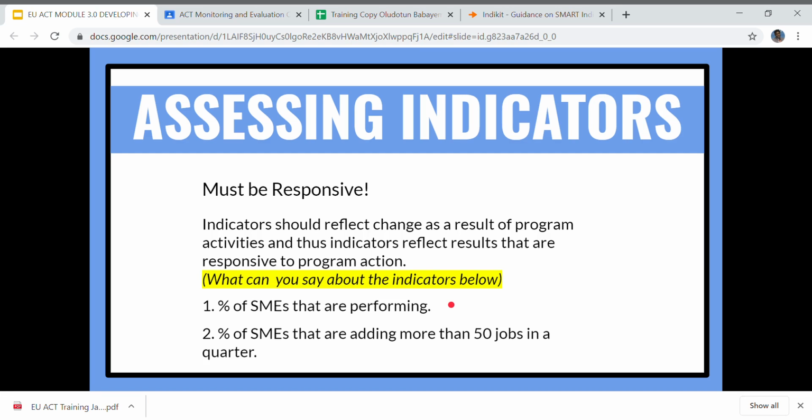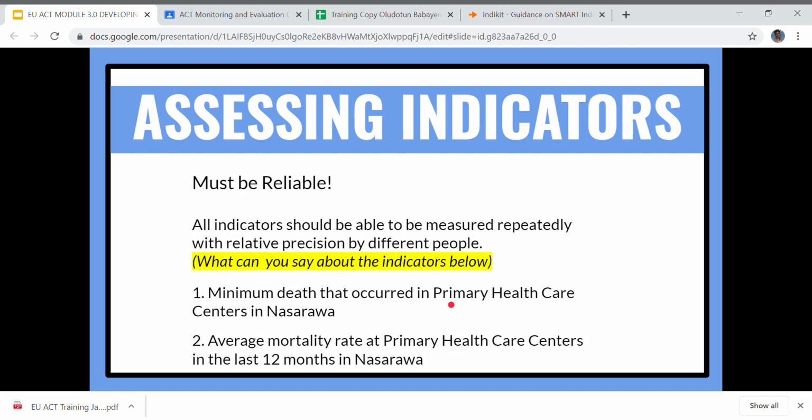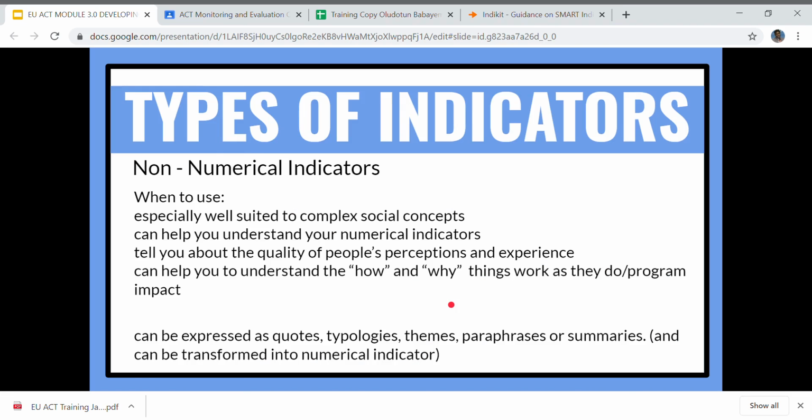And we have two types of it, the non-numerical and the numerical indicator. The numerical ones are those that are put together in form of numbers, averages, ratios, counts, while the non-numerical ones, which deal with complex systems, use typologies, codes, and categories, as we have shown in some of these examples.